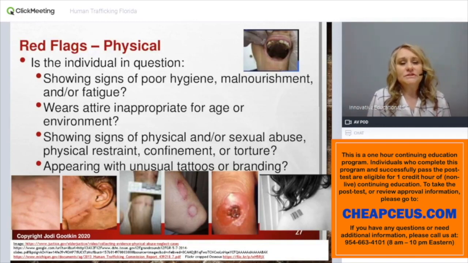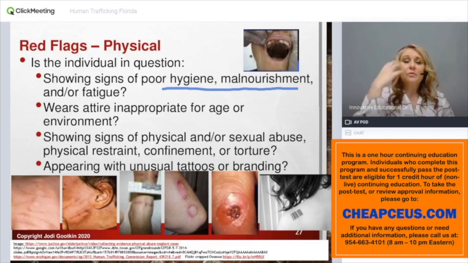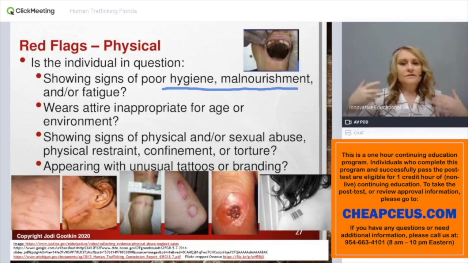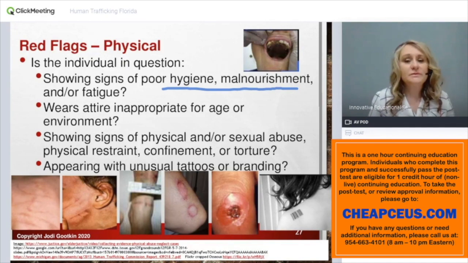And when we look at potential signs that the individual may be a victim of trafficking, we're looking at someone presenting with poor hygiene and malnourishment, particularly in the face area. Even if you're treating the rest of the body, always be aware of your patient's face, because it gives us a lot of information on conditions. But with this population, we want to look at the teeth.